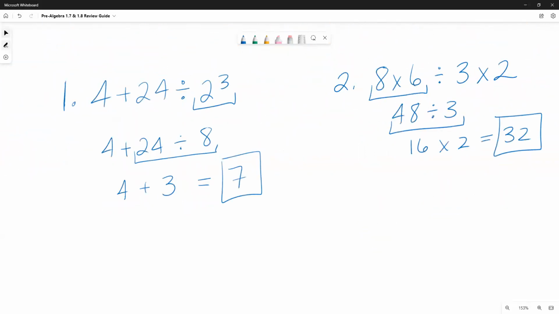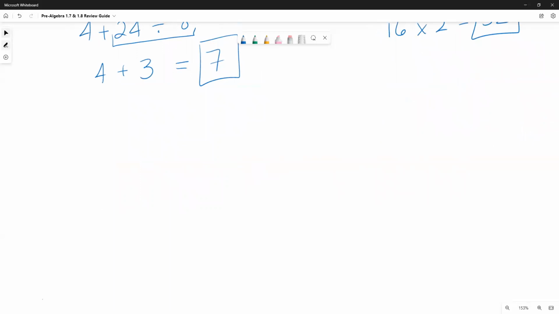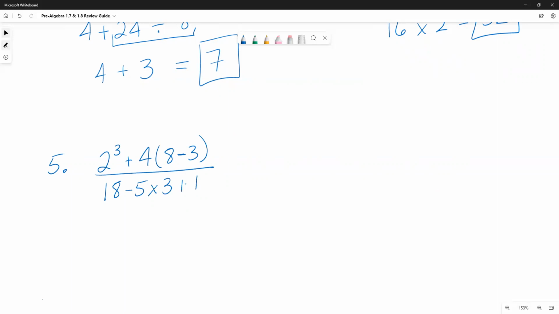All right, Zachary. Number 5 is yours. Own it. All right, so number 5 would be an excellent one to make sure that you work out and have good notes on. So 2 cubed plus 4 times 8 minus 3 divided by 18 minus 5 times 3 plus 4.